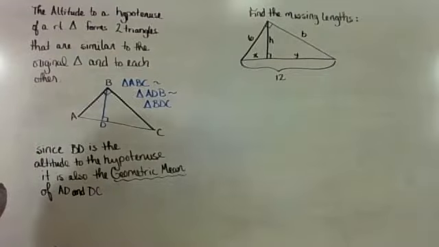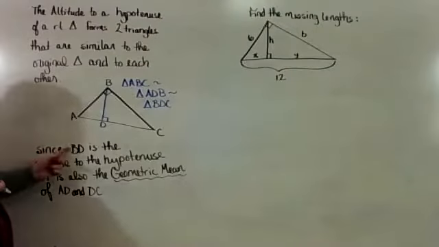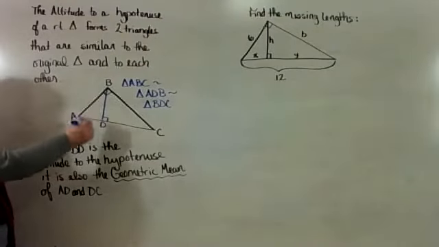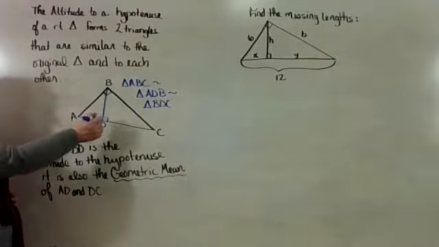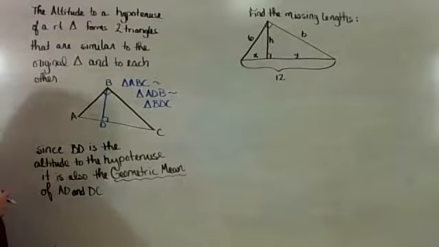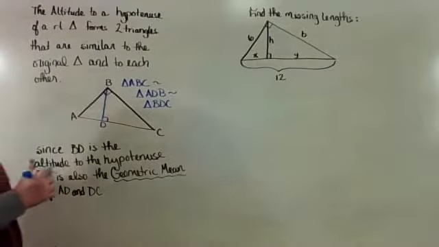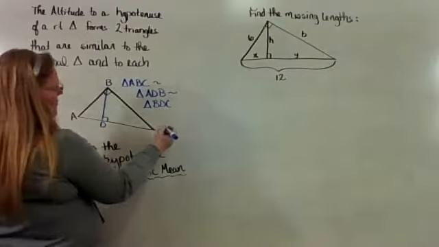Now, since BD, that's this one, is the altitude to the hypotenuse, so we know that because it forms a right angle with the hypotenuse, it is also the geometric mean to AD and DC. So before you left, before Christmas break, we had talked about geometric means.